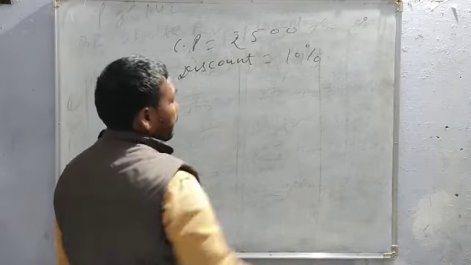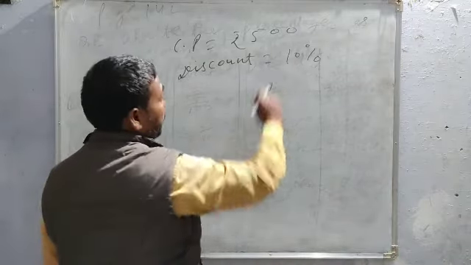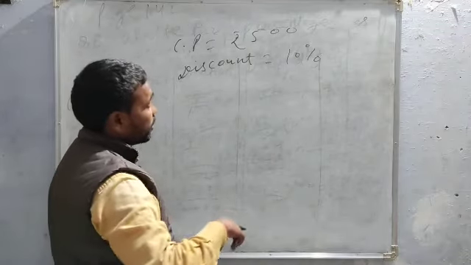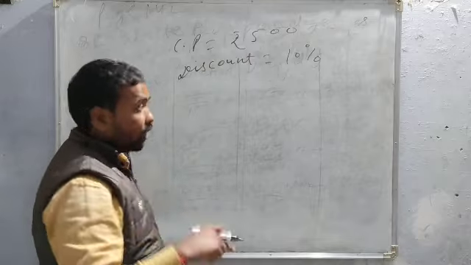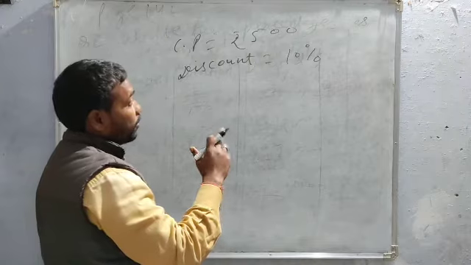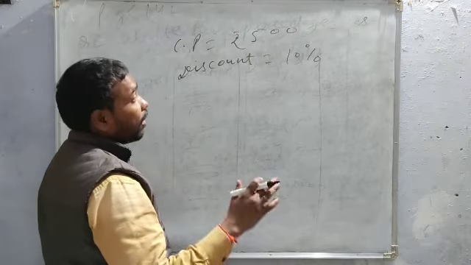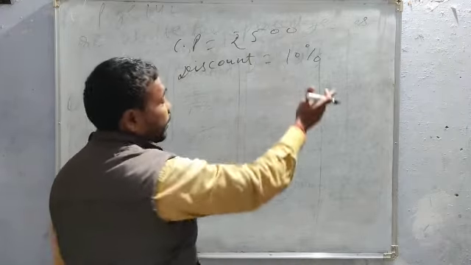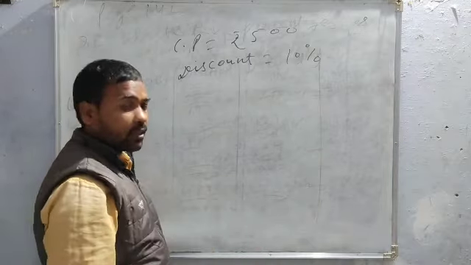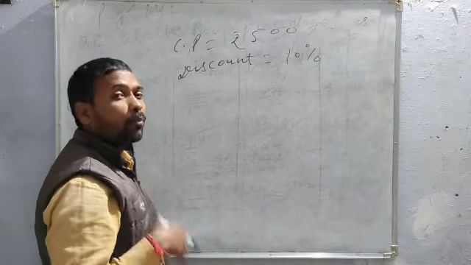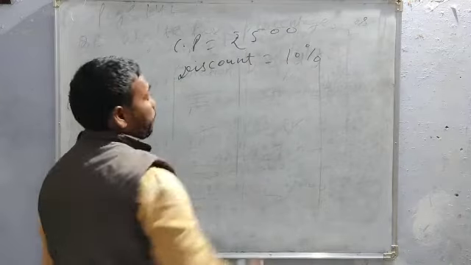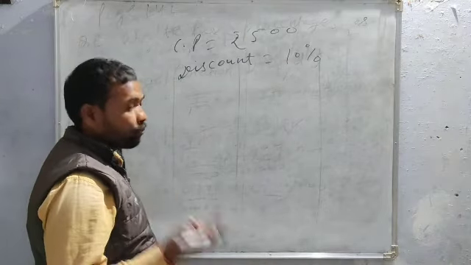By the definition I have explained, 10% means he will give a discount of 10 rupees out of 100 rupees. So you can guess, if he gives a discount of 10 rupees for each 100, then for 200 he will give 20 rupees, for 300 he will give 30 rupees, for 400, 40 rupees, and for 500, 50 rupees. That is, 10% of 500 will be 50 rupees.